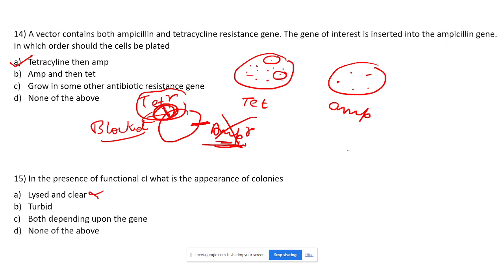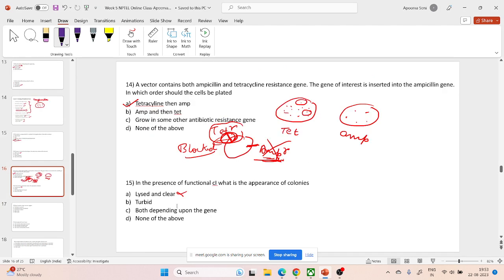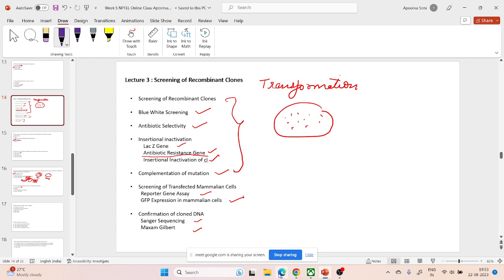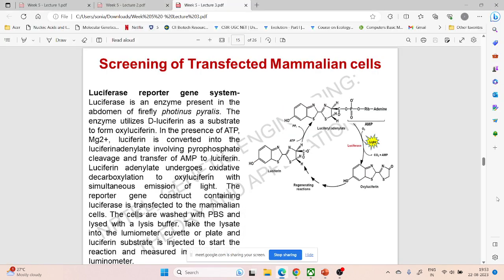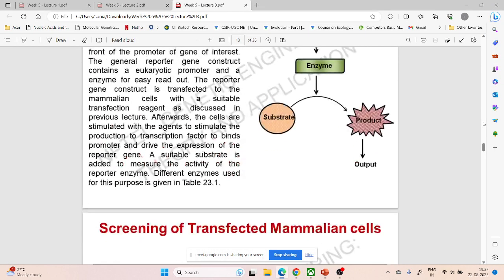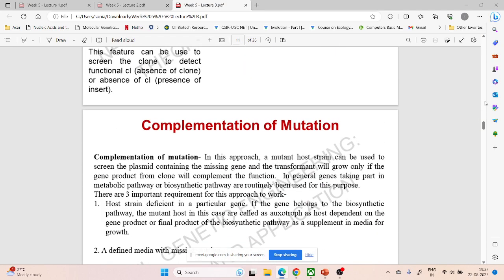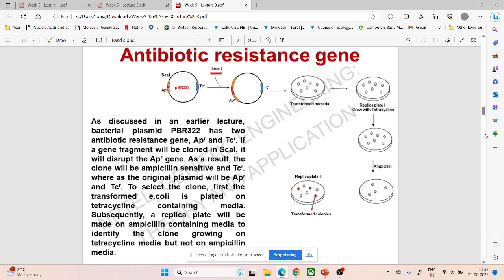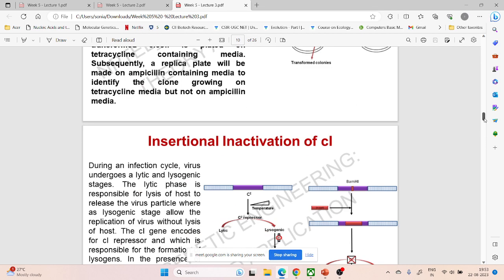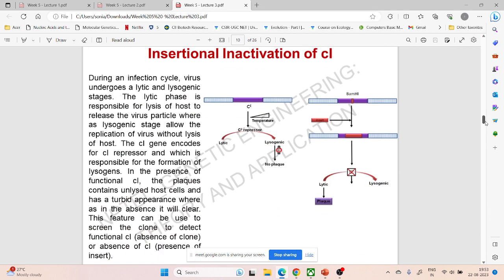Yeah. So you have to understand that, okay, I will explain it. It is from lecture 3. So the virus has two cycles.